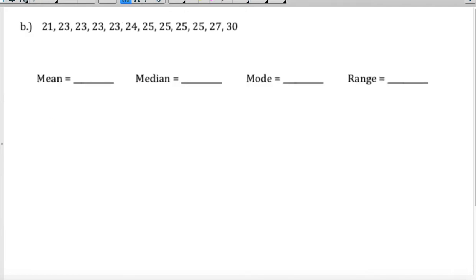So on to example number 2. We have all of these numbers in order. Go ahead and hit pause, and when you're ready, you can hit play. I want you to find the mean, median, mode, and range and check your answers with my answers.